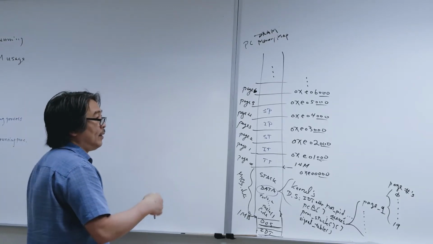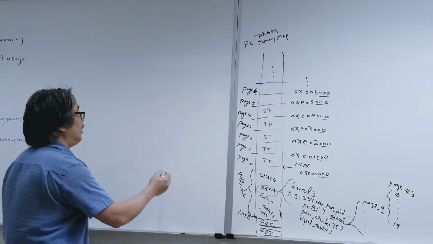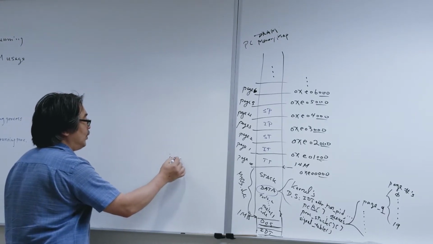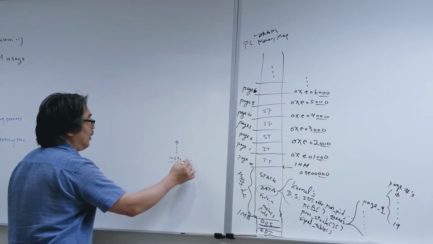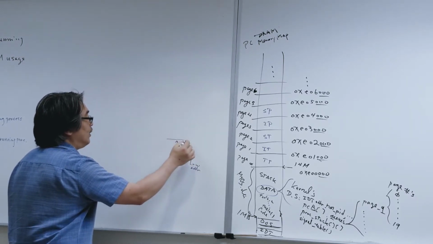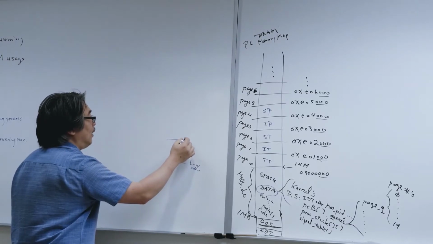Okay, so that follows the instruction portion. So that's what a compiler typically does. The instructions start from the low address, and when the instructions end, that's the end of text, e-text.